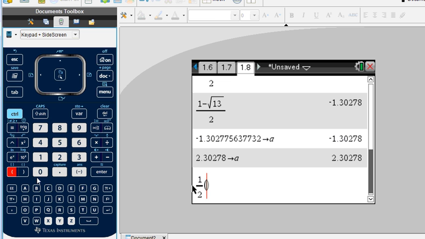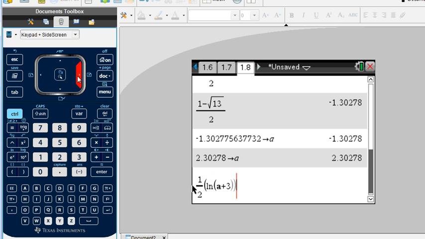The natural logarithm of x plus 3, minus, but remember, we stored it in a, so I'm going to go back here and put a.